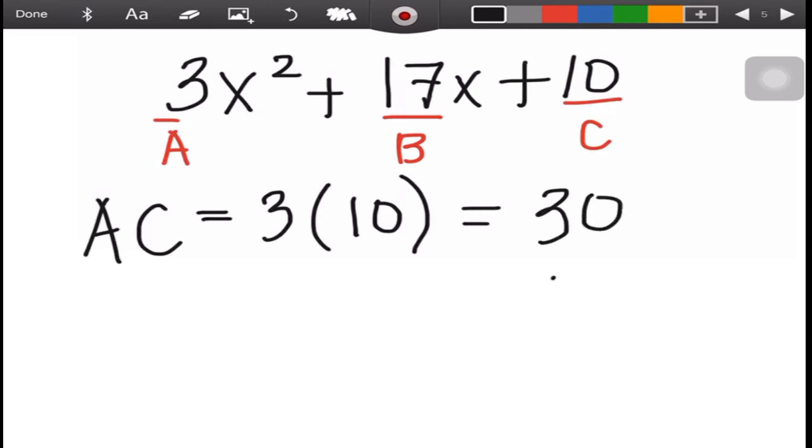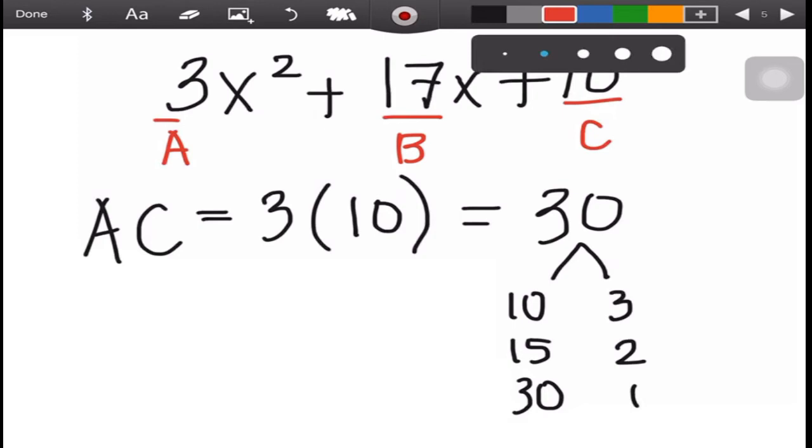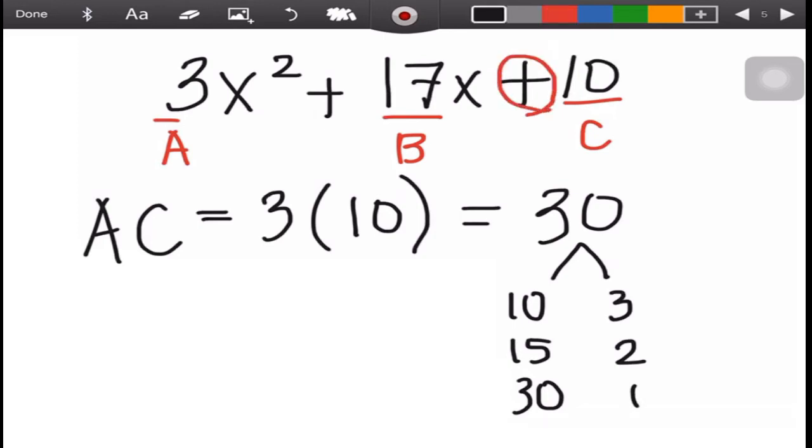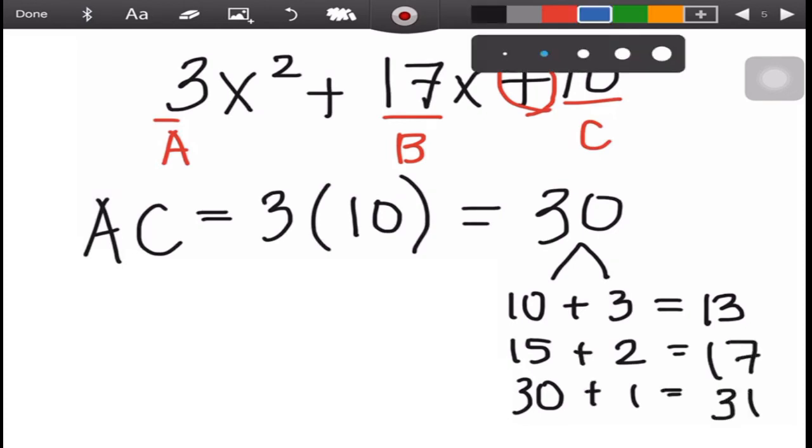And then, list down all the factors of 30. So we have 10 times 3, 15 times 2, 30 times 1. Since our third term is positive, we will add the factors. So this is 13, this is 17, and this is 31.